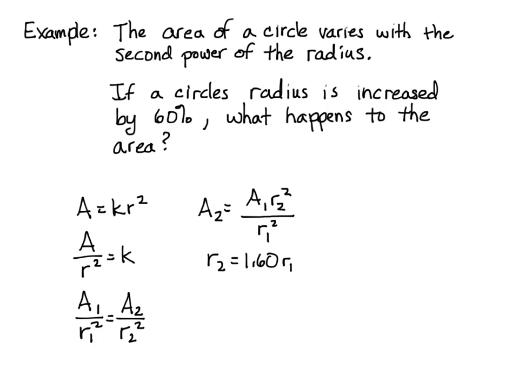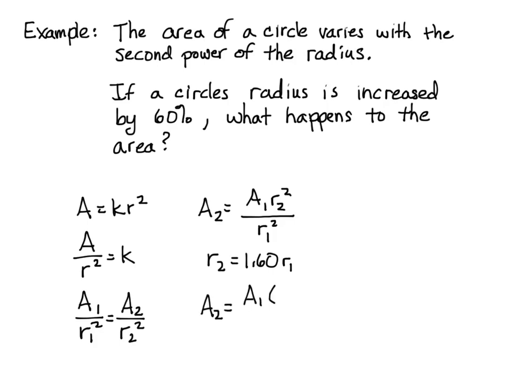All right, so we'll do a little manipulation here. I'm going to change this equation, multiply both sides by r2 squared, and so I get this thing up here. And then I'm going to note that since I increased my radius by 60%, the new radius is going to be 1.6 times the first radius, right? It's not 0.6, that would make it smaller. It would be 1.6 because you have the original radius plus 60% more.